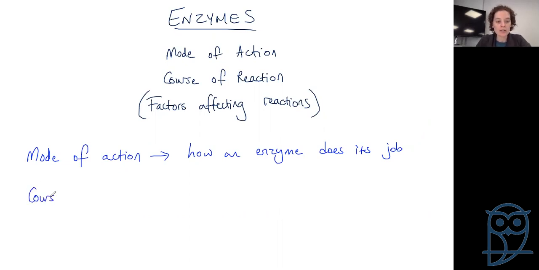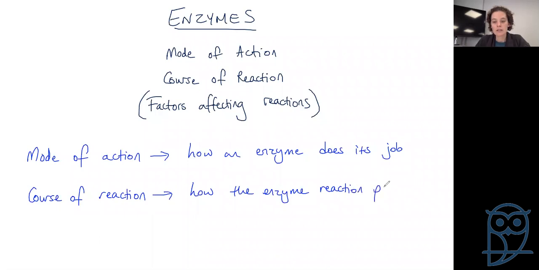Course of reaction is slightly different. When we're talking about a course of reaction, we're talking about many enzymes. We're talking about an enzyme-controlled reaction in general. So this is how the enzyme reaction progresses.